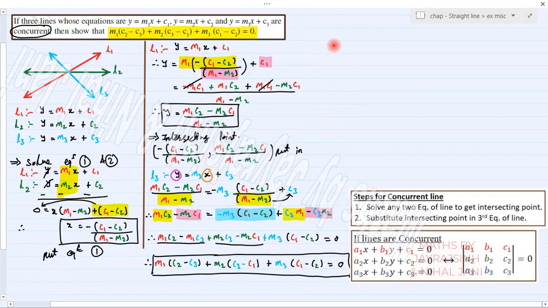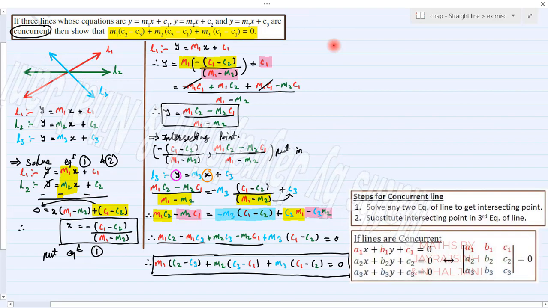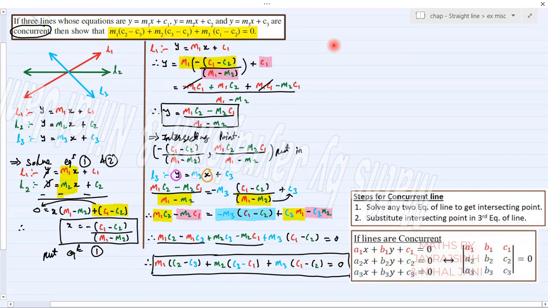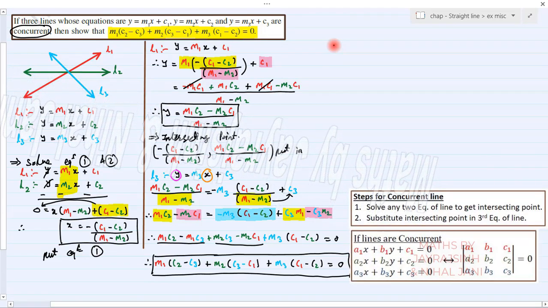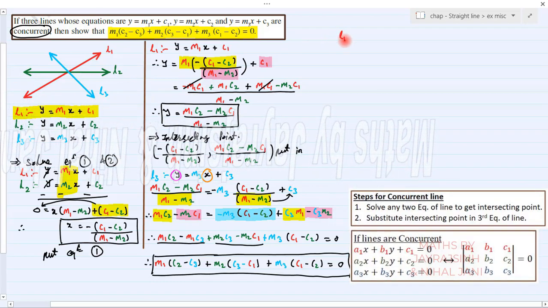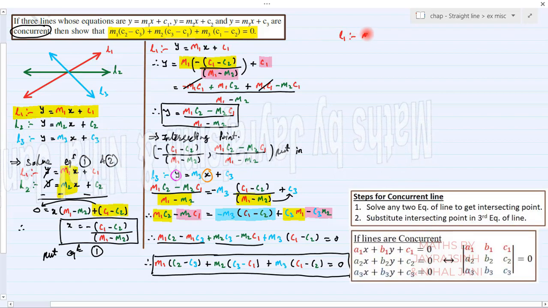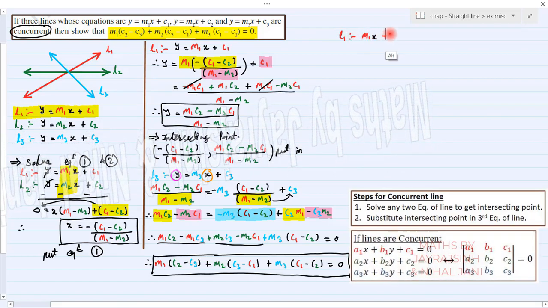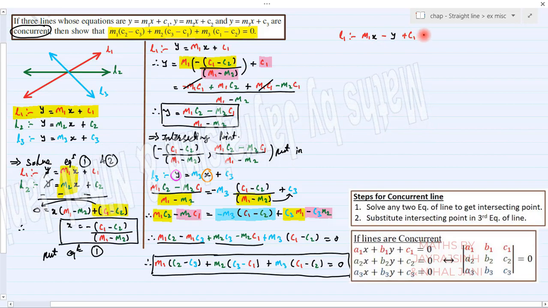You just have to make a determinant, but you should remember that for that your lines must be in the general form of the equation of a line. You should convert your first line L1 as m1x minus y plus c1 is equal to 0.